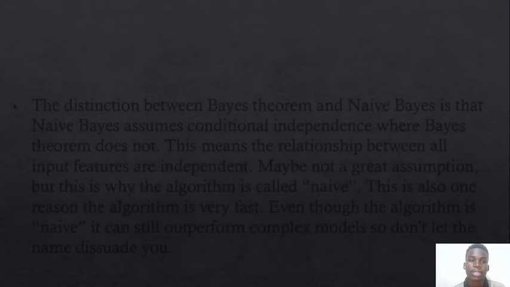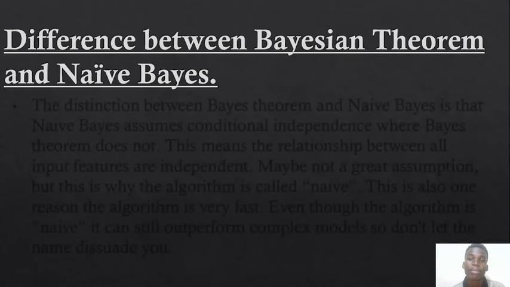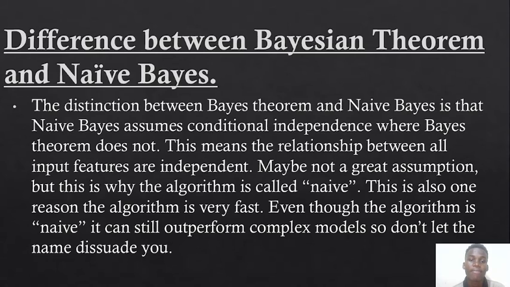We are going to see the difference between Bayes' theorem and naive Bayes. The distinction between Bayes' theorem and naive Bayes is that naive Bayes assumes conditional independence, whereas Bayes' theorem does not. This means that the relationships between all input features are independent. So that is the difference.